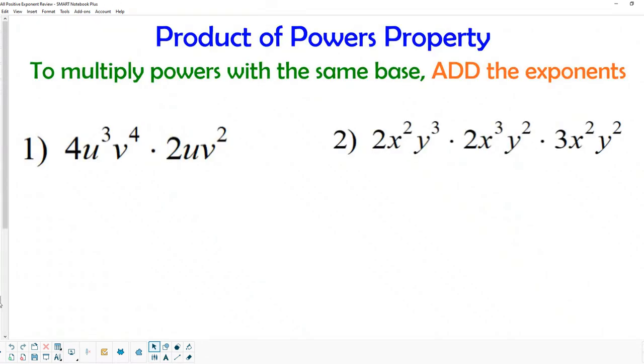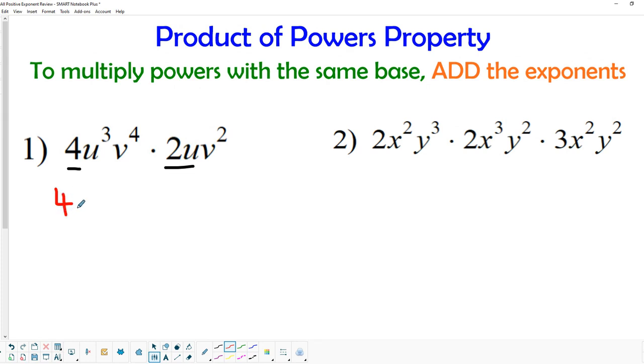All right, and then we did a property called the product of powers property. To multiply powers with the same base, add the exponents. We also mentioned that if you have coefficients in front, like we have here, you've got to multiply those together. So I'm going to write this down by separating everything out that's alike and show you how it combines together.